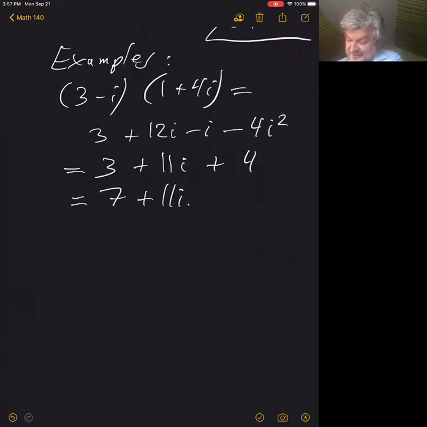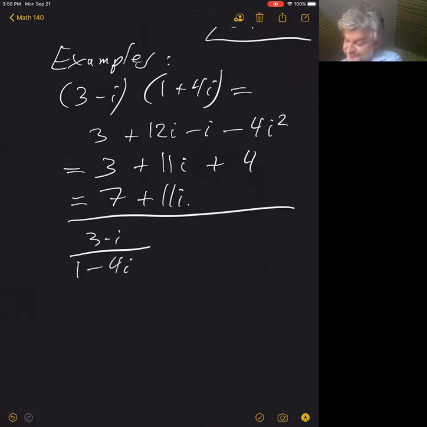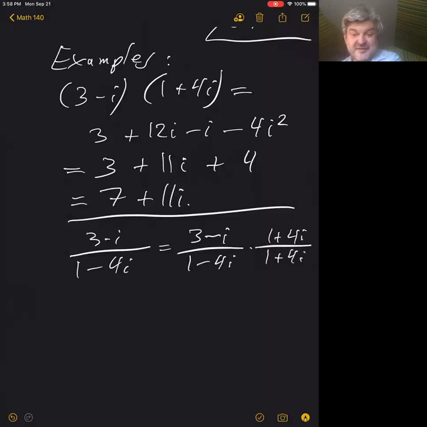Then let's divide. 3 minus i divided by 1 minus 4i. The same technique, we want to make the denominator rational, so we multiply by 1 plus 4i divided by 1 plus 4i, which, according to laws, does not change the value of a fraction.